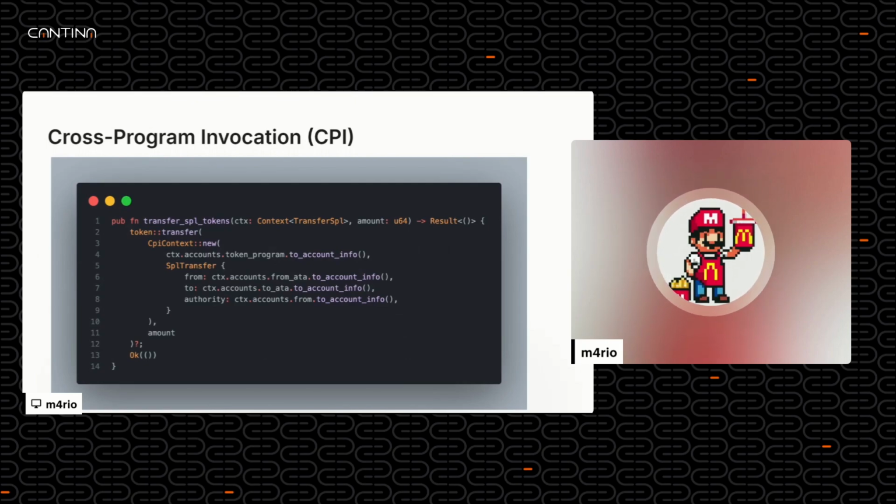The from is where I want to transfer the tokens from, and the authority that controls the tokens, and of course the amount that I want to transfer. So behind this is a CPI call that calls token transfer in Solana.